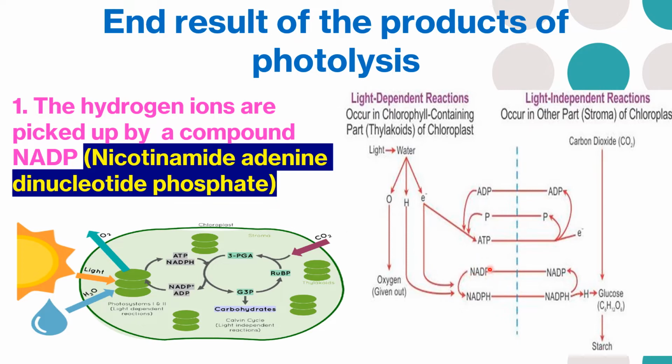NADP is a compound present in thylakoids. This NADP picks up hydrogen ions and electrons. Electrons are also released at the time of photolysis of water. Then NADP picks up hydrogen ions and electrons and is reduced to form NADPH.